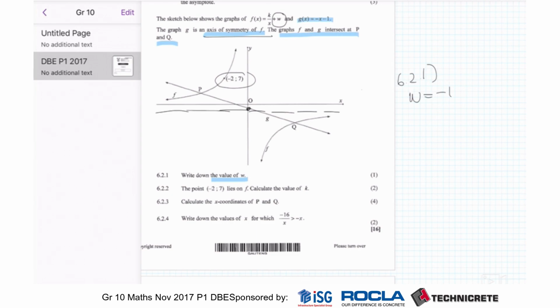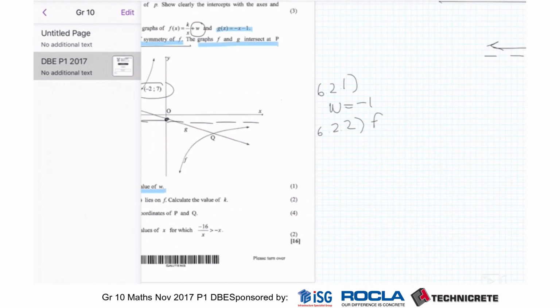Okay. Then it says 6.2.2, the point -2 and 7 lies on f. Calculate the value of k. So f at x is equal to k over x minus 1. We already established that -1 is my restriction, and I'm going to substitute in -2 and 7.